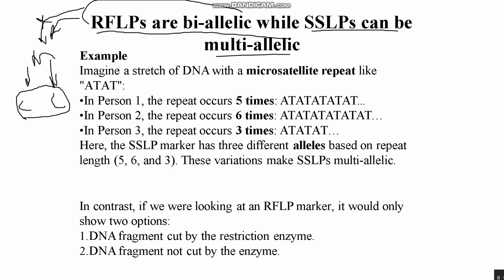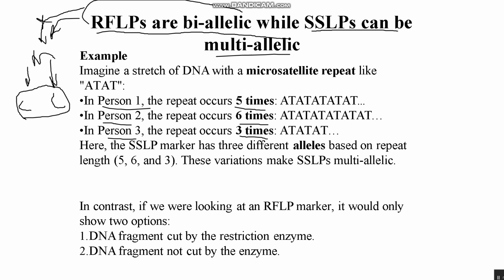But in the SSLPs there is multi-allelism. It means that in person one the microsatellite repeats are five times, but in person two the repeats are six times, in person three the repeats are three times, and in person four the repeats may be four times.